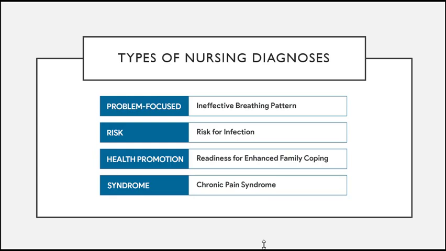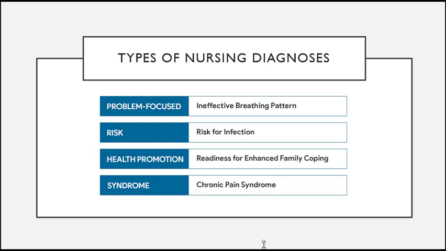So think about someone who's had surgery and they're unable to move around. They may have a risk of impaired tissue integrity. So you're worried about their skin, or breathing patterns may be altered because they're on pain medication. And so they have a risk of ineffective breathing.